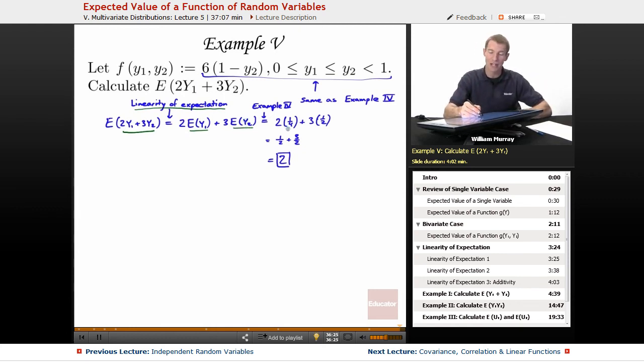So those expected values we calculated in example 4 to be 1/4 and 1/2. So we just drop those numbers in and then simplify the fractions, and we get our expected value of 2 for 2y1 plus 3y2. So that wraps up this lecture on expected value of a function of random variables.